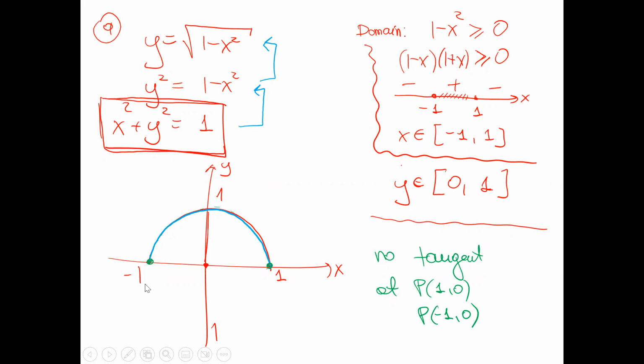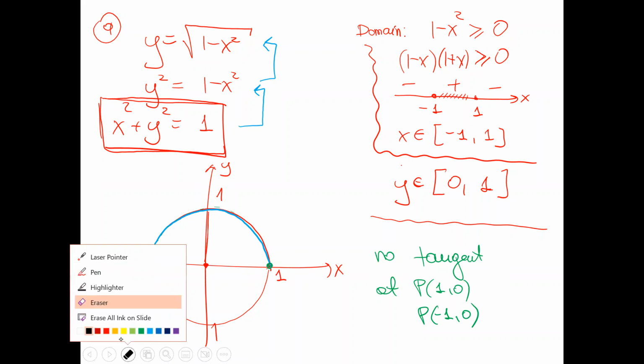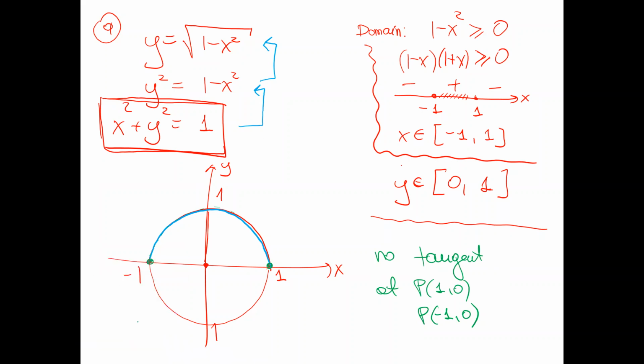And the tangent there will be vertical. We will have a tangent, however, but its position will be vertical, and for vertical lines, we can say no slope.